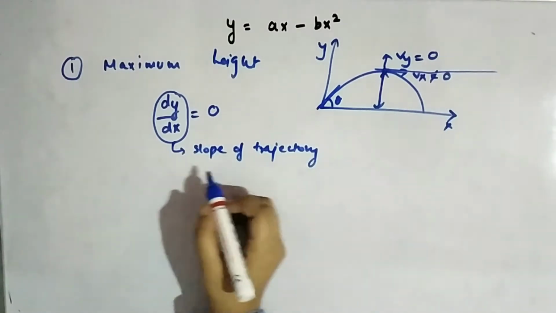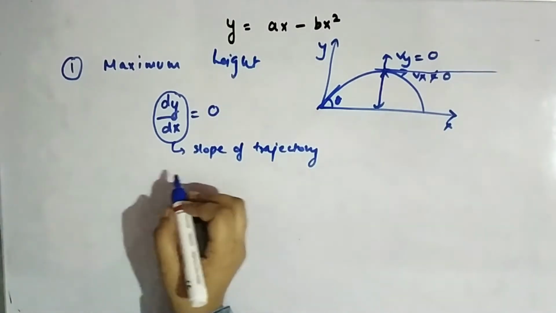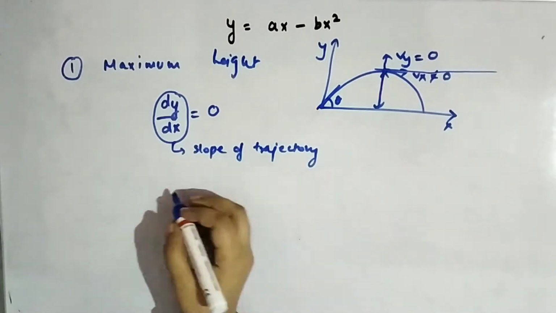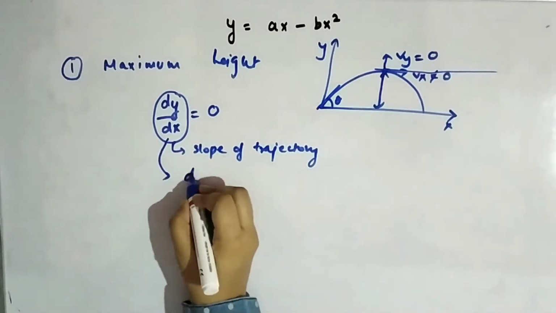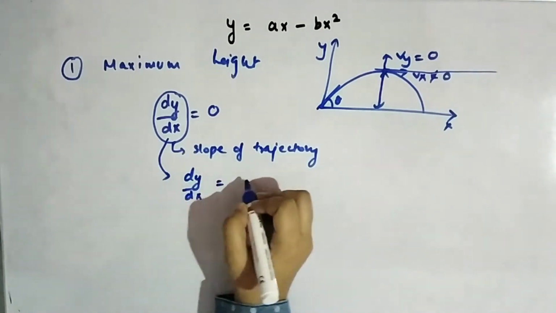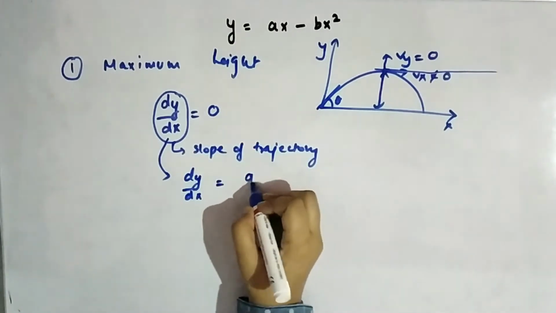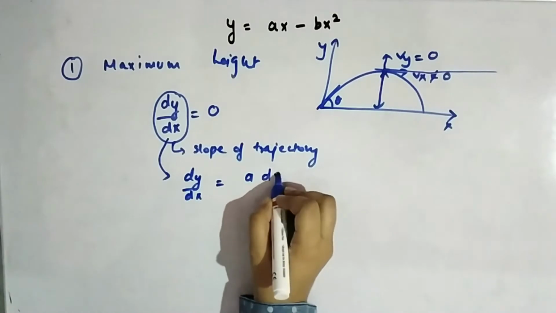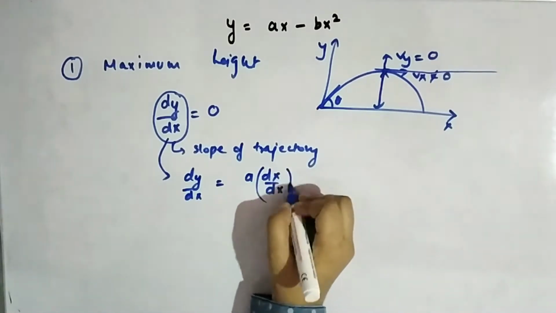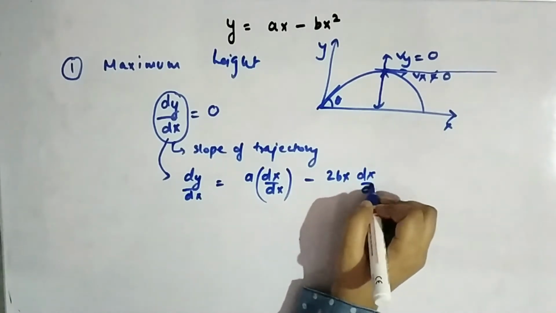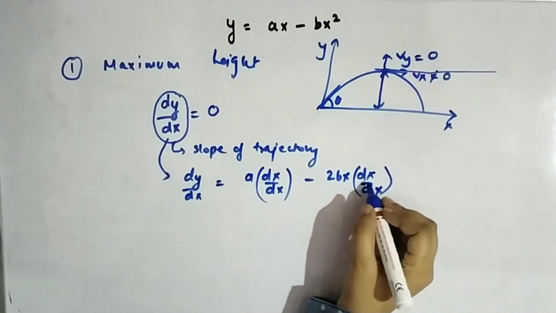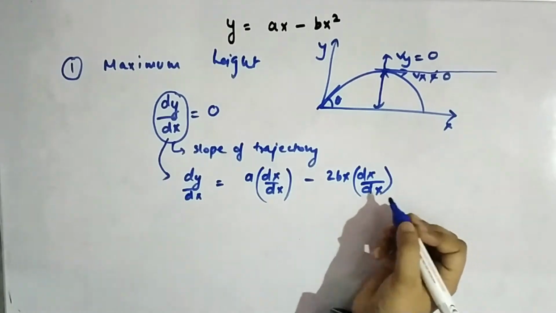So again there are two ways to do it. One thing is we can directly do dy by dx. The dy by dx for this equation will be a dx by dx minus 2bx dx by dx. We know that the change in x with respect to x will be 1.